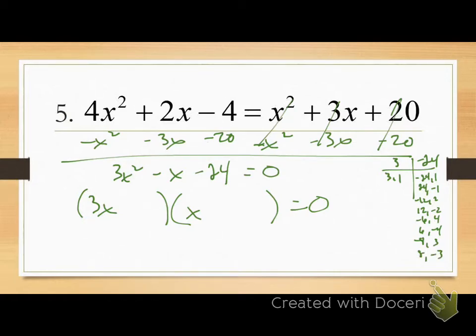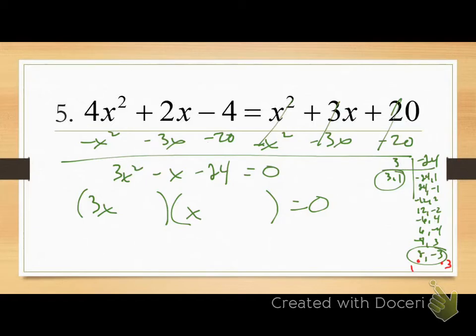Now we need combinations of those factors that will add to negative 1. And now that I've written them out, I couldn't come up with them in my head. Now that I've written them out, I see that if I take 3 and 1 and 8 and negative 3, then I would get negative 1 if I took negative 3 times 3 and 1 times 8.